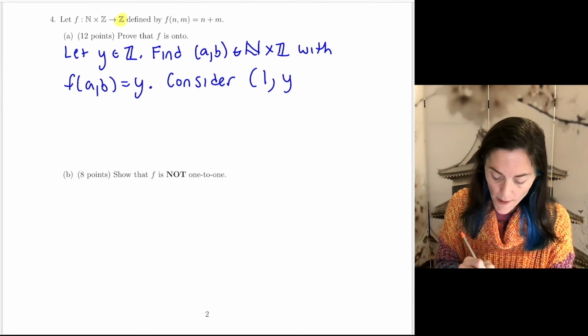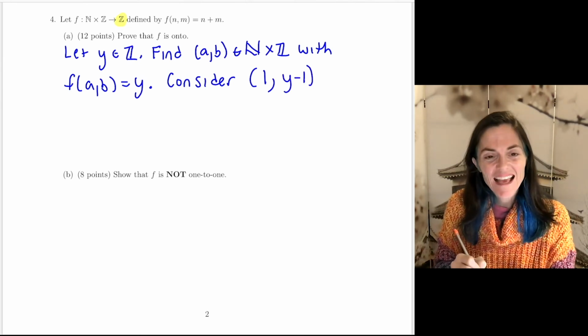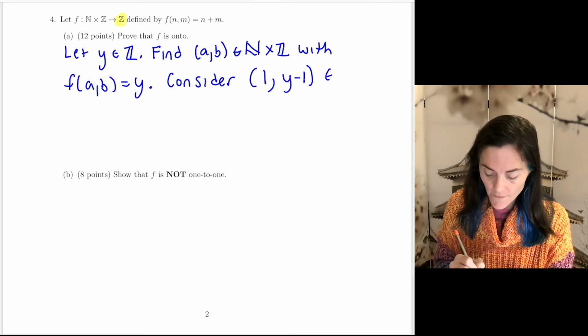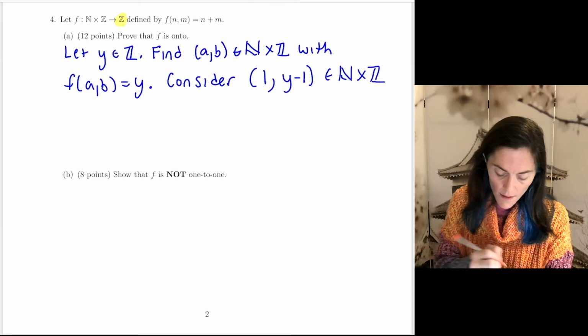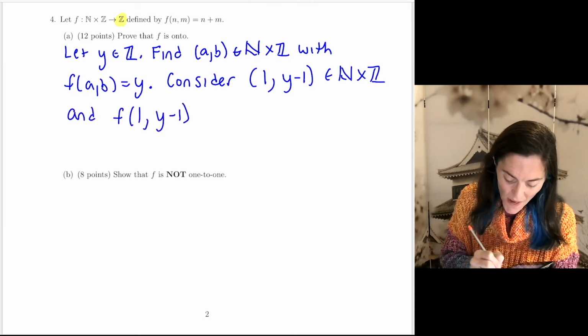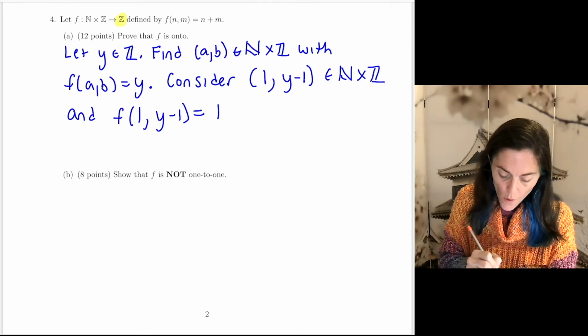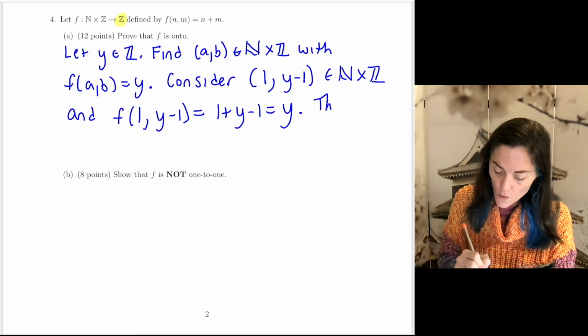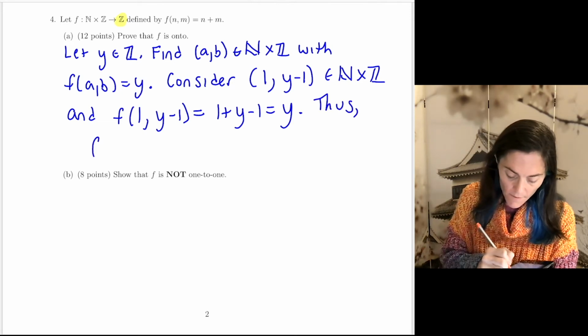Well, that would be y minus 1. Certainly, 1 is a natural number, and y is an integer, so y minus 1 is an integer. This is definitely in N cross Z, and f of this element, (1, y minus 1), equals 1 plus y minus 1, which is y. And so you notice we have shown f is onto.